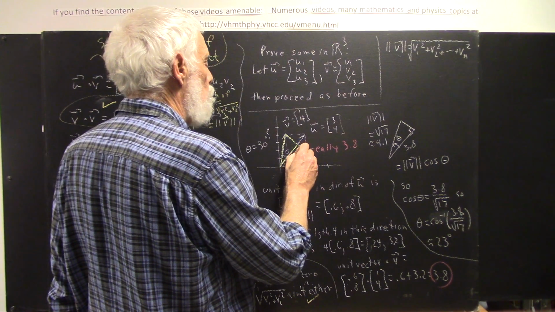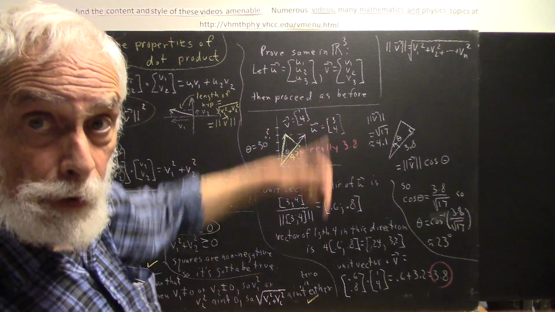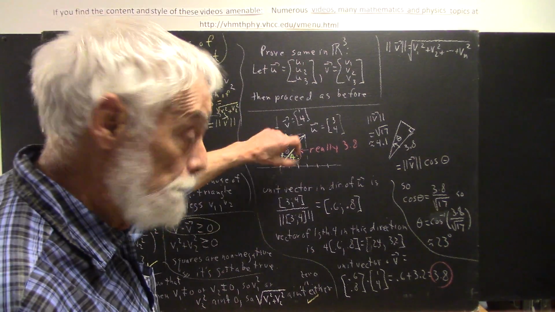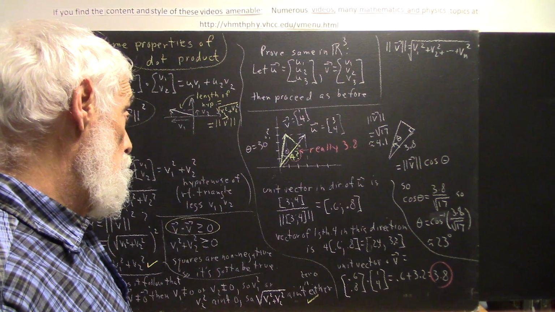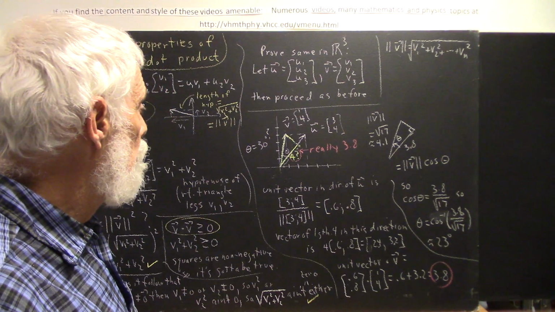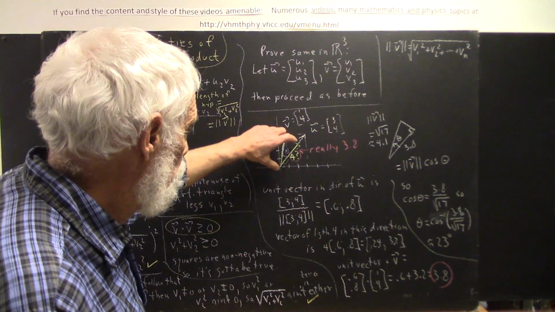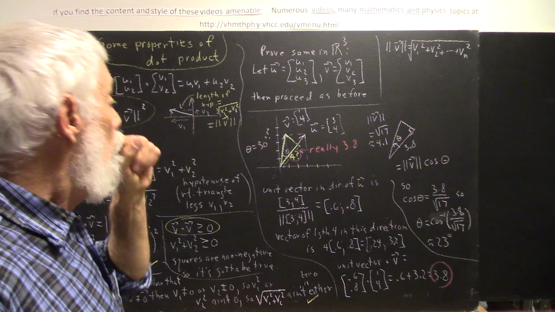So I wrote 4 with a question mark here to see how close our estimate might have been. We're actually going to be able to compute this in just a minute, very easily. And theta was estimated to be 30 degrees. Now we can actually calculate this, and we can actually calculate the angle.